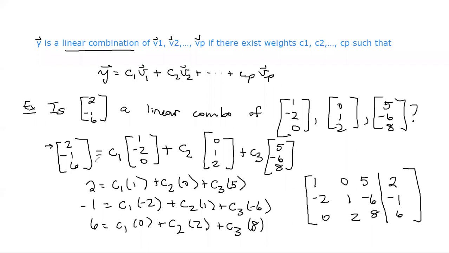So really, when we're asking whether this vector is a linear combination of these other vectors, we're asking: does the system of linear equations have a solution? Is it consistent? And we know exactly how to do that. We try to get it down into reduced row echelon form and see what our answer is. I won't do that in this video, but presumably you can do that because we've been doing it all last week. If you want to try it out on your own for practice, go ahead.